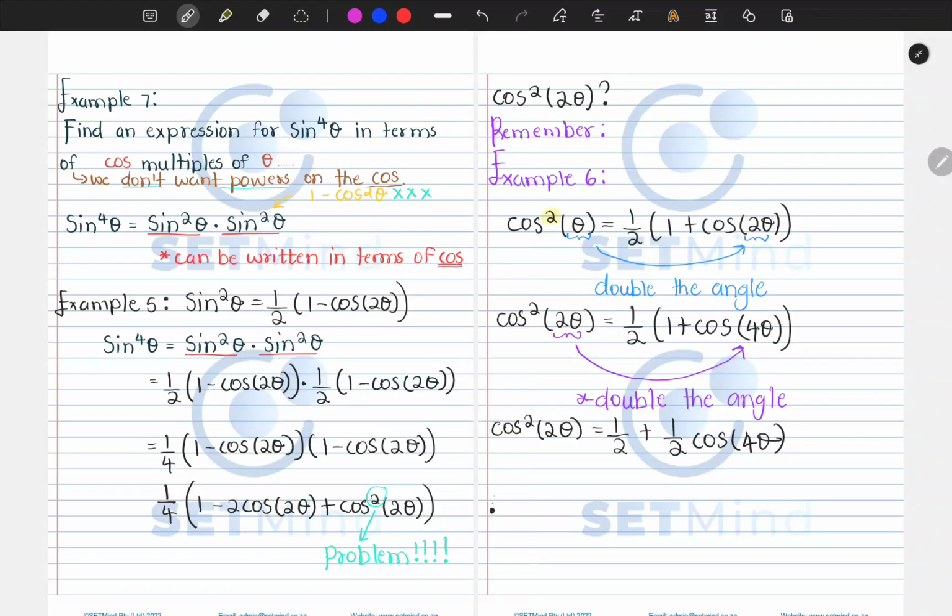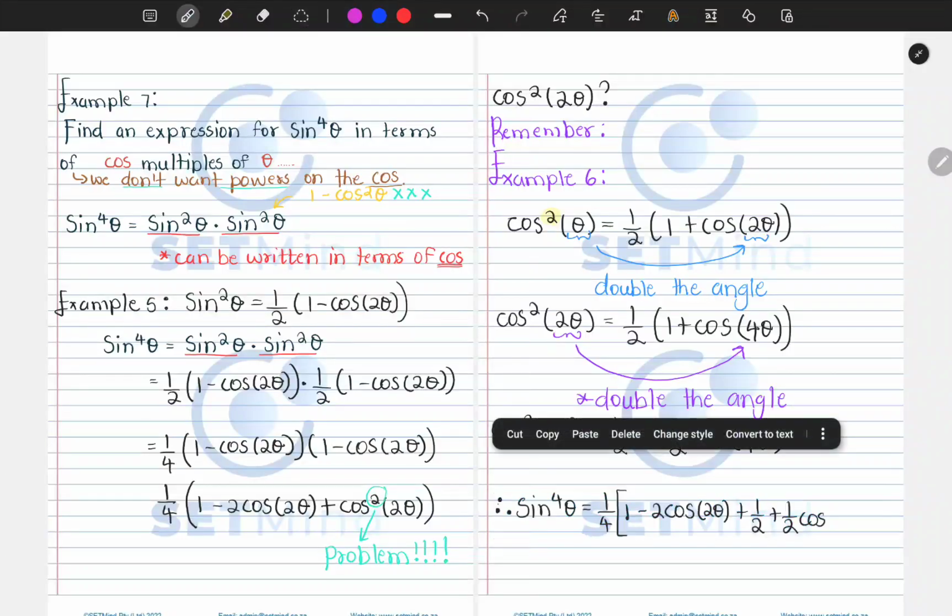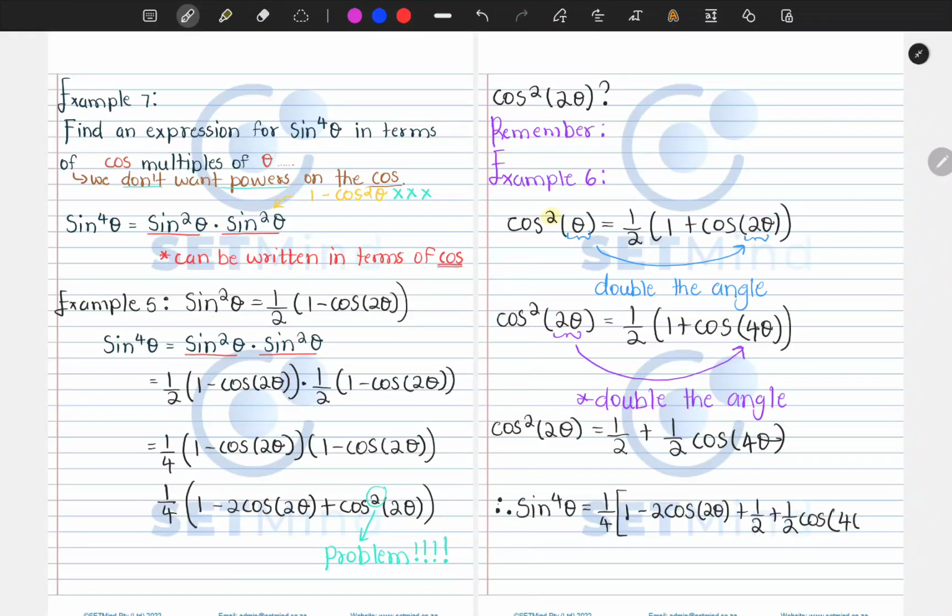So this means that if I go and replace it there, our sine 4 theta will be 1 over 4 into 1 minus 2 cos of 2 theta, like that, then plus a half, then plus a half cos of 4 theta, close the bracket like that. This was a very nice but easy problem which incorporates what we were doing.